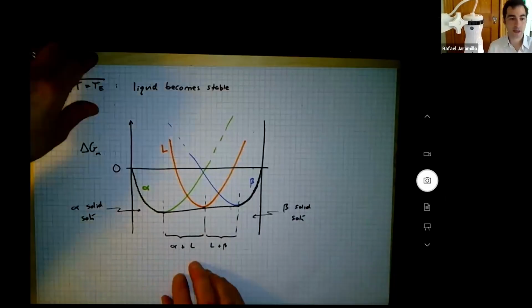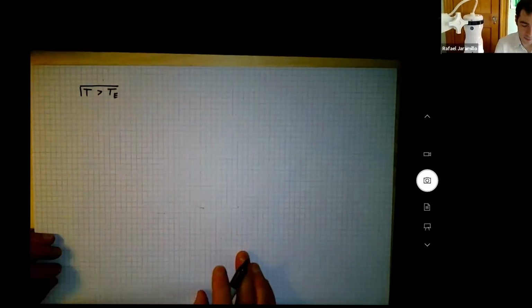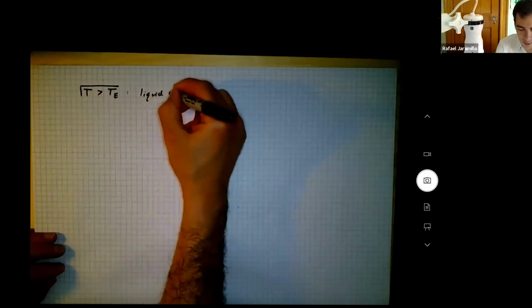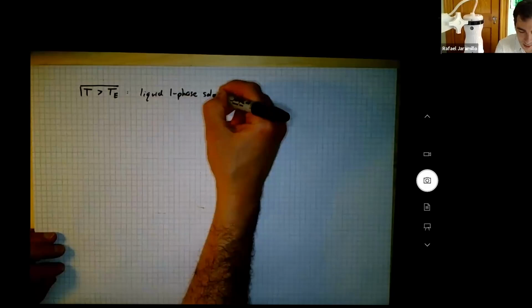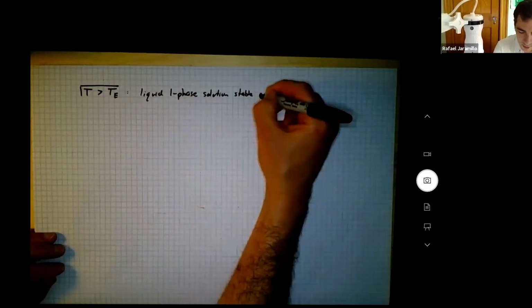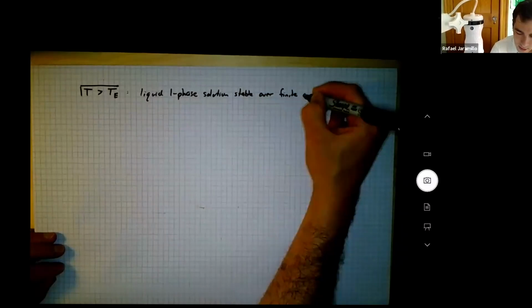Let me finish this sequence here with a free energy composition above the eutectic point. This is a liquid 1-phase solution, stable over a finite composition range.